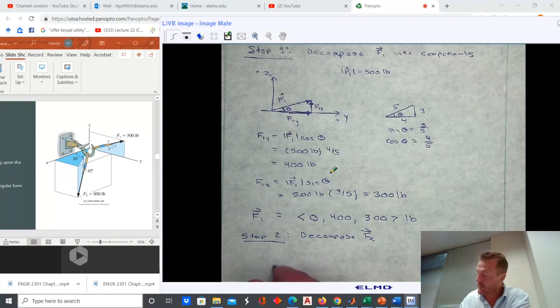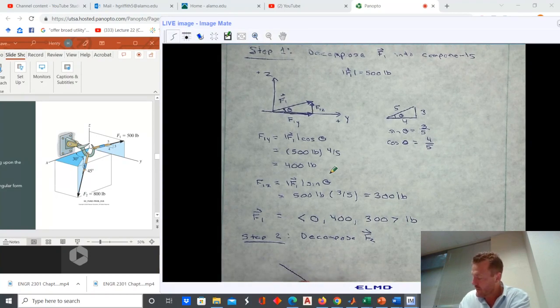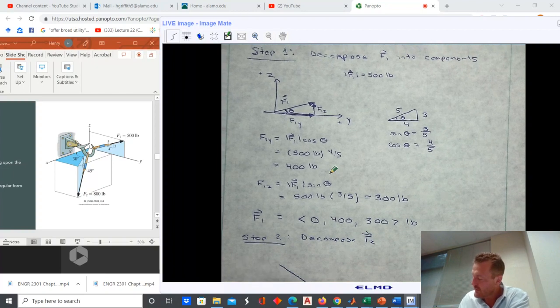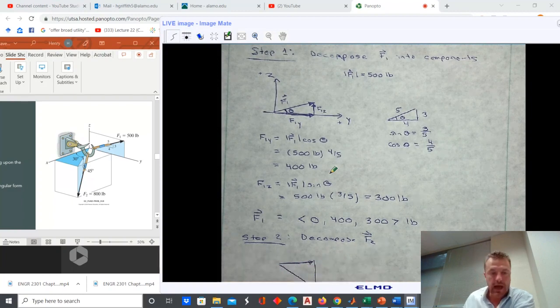So here's how I'm going to go about drawing this. There's the vector, and it's down in that lower octant, and we see that it has a magnitude, that's what I was looking for, of 800 pounds. I'm going to choose to decompose this into a component that is along the z-axis and a component that lives in the xy plane.